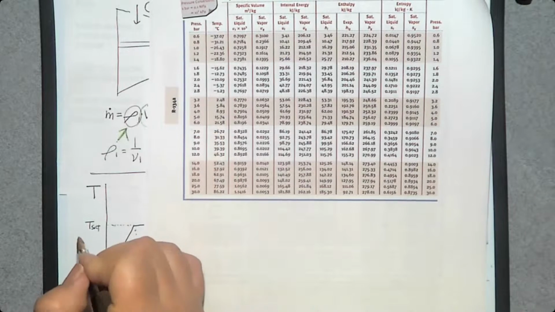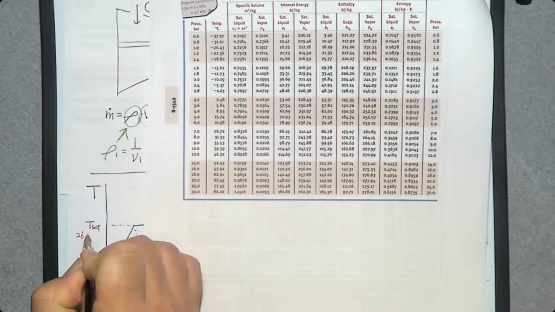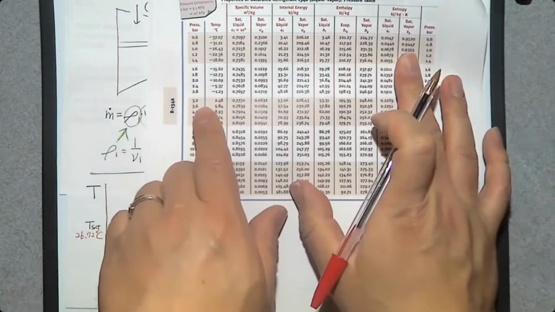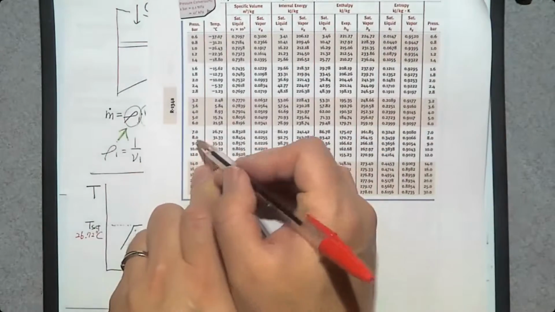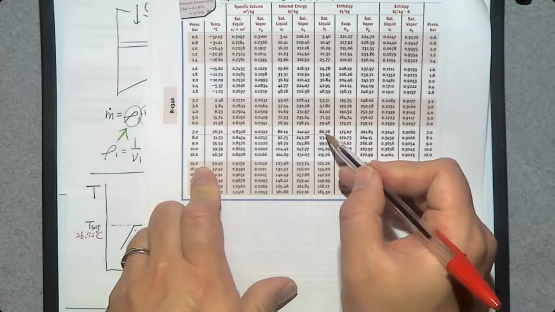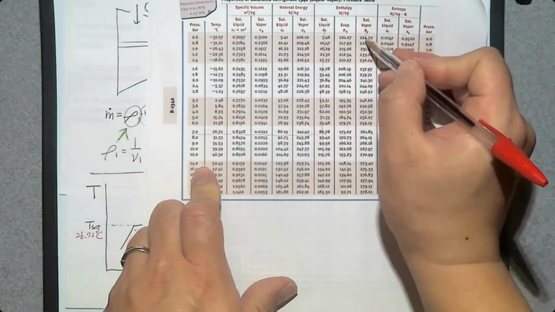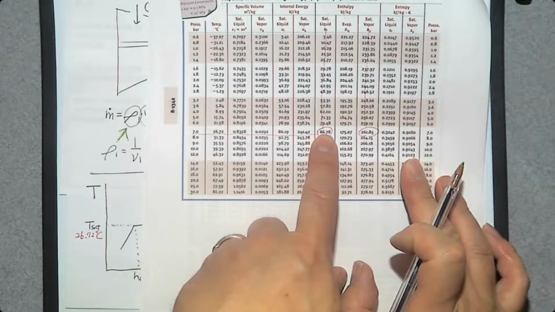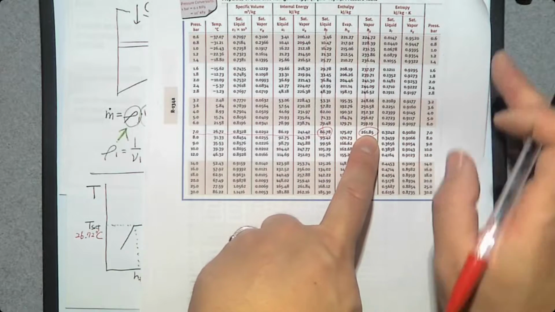26.72 degrees Celsius. And HF, HG, this one and this one. 86.78, 261.85.